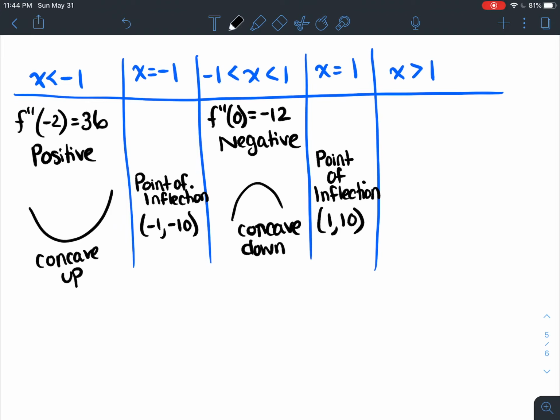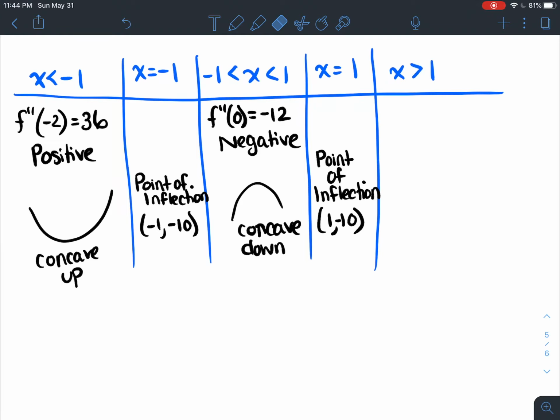And then let's sub in a value for when x is greater than 1. Oh, just kidding, I think I drew that sign the right way.